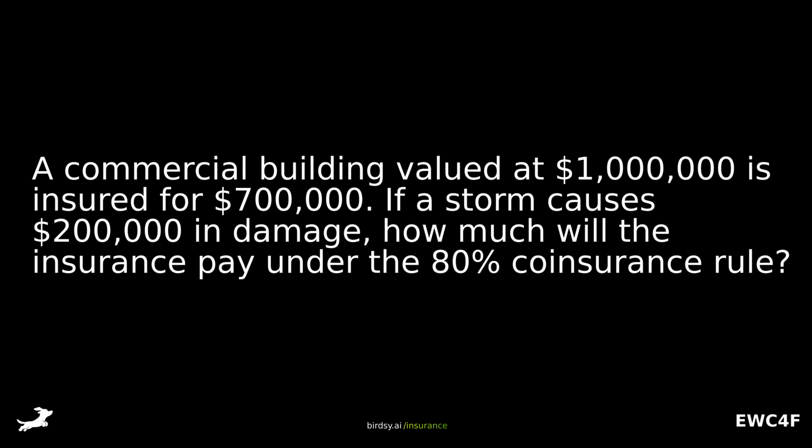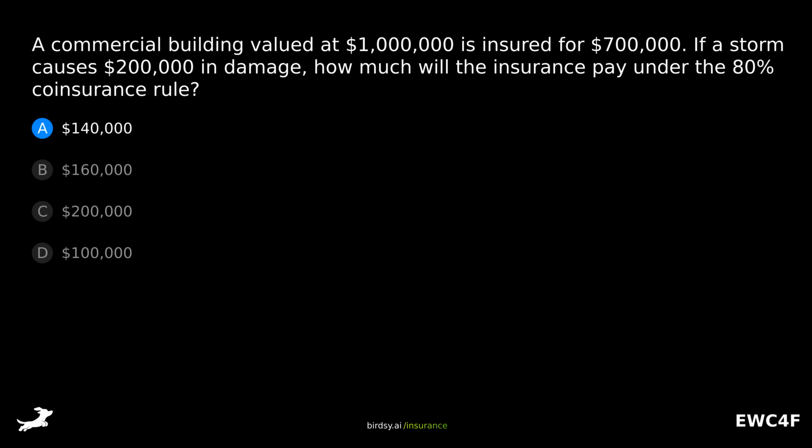A commercial building valued at $1 million is insured for $700,000. If a storm causes $200,000 in damage, how much will the insurance pay under the 80% coinsurance rule? Is it A, $140,000, B, $160,000, C, $200,000, or D, $100,000?